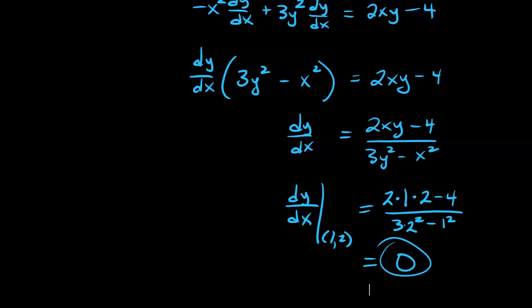Honestly, I don't even know who I haven't called on for a while. David, I don't think I've called on you for a while. What does a slope of 0 mean? What would that look like?